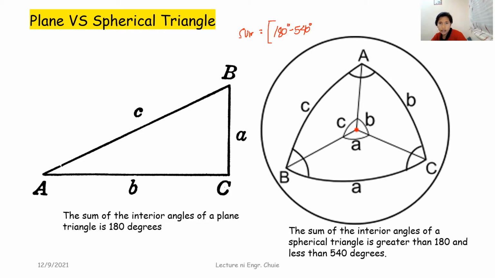So not less than 180 and not greater than 540 degrees. So the sum A plus B plus C should not be less than 180, but not greater than 540 degrees. Okay.